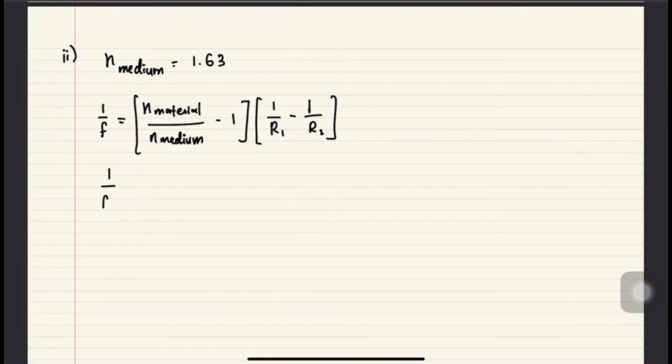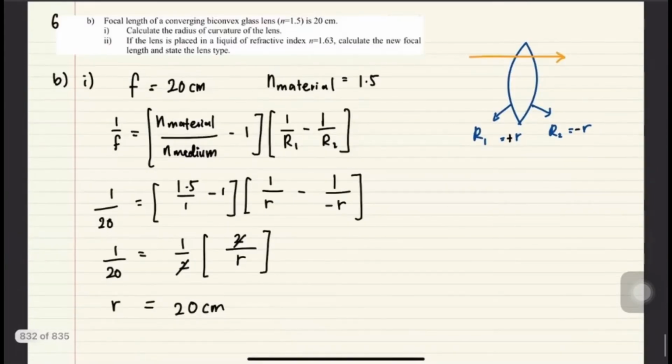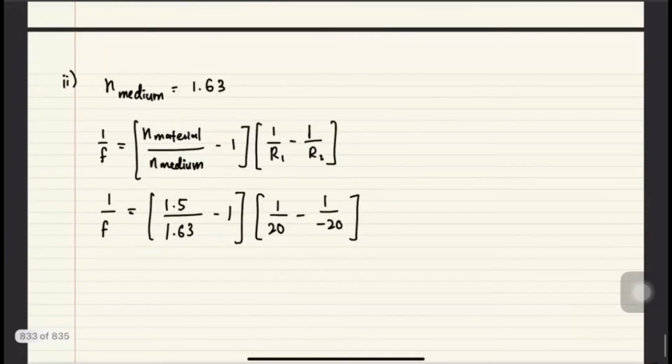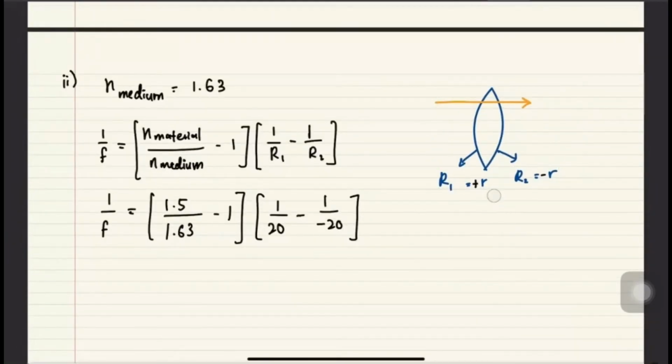So 1 over F is equal to 1.5 divided by 1.63 minus 1, that would be 1 over 20 minus 1 over negative 20. So in case you guys didn't see, I just copy this whole thing. Okay. So R1 dengan R2 tadi dia jadi 20, cuma satu positif, satu negatif lah.